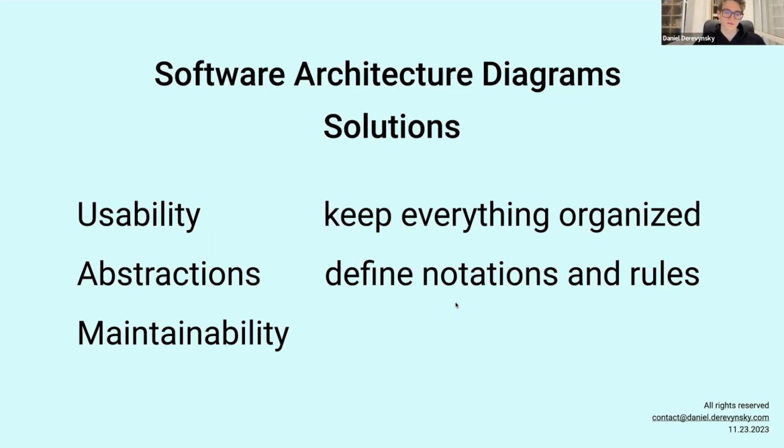But those notations are not mandatory. Whenever people start to write the diagrams, they usually look pretty different. If you introduce some rules and notations, you can make your diagrams look similar, and it helps the end user of the diagram to navigate it.